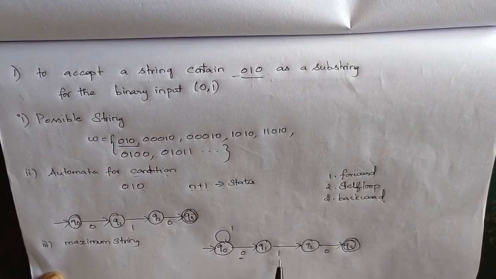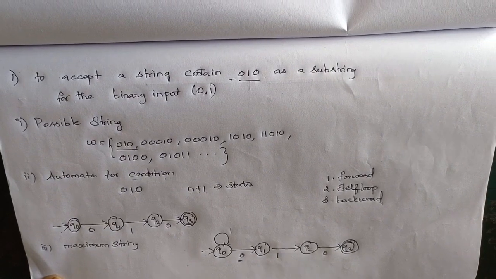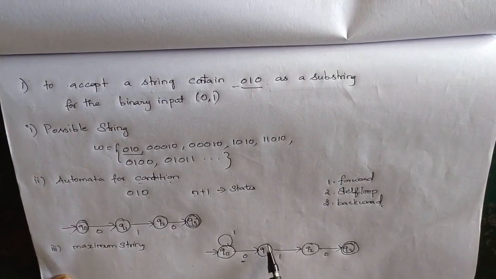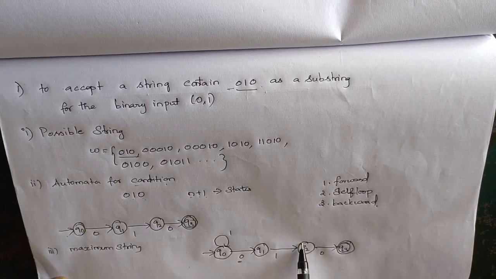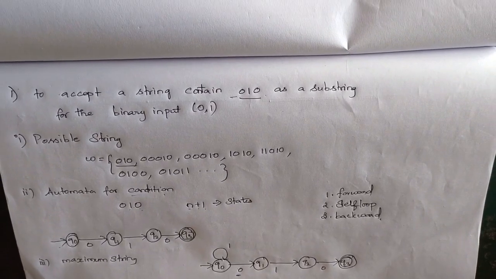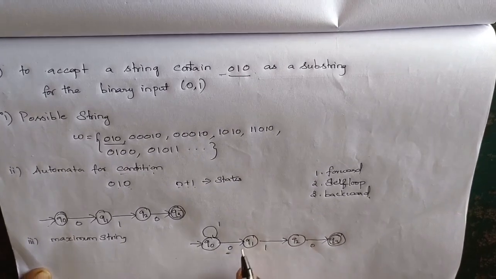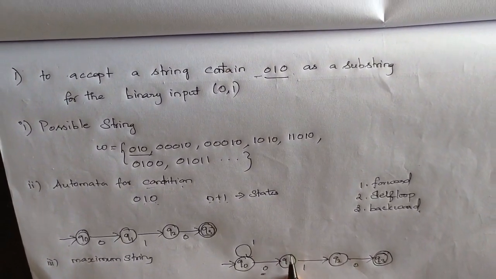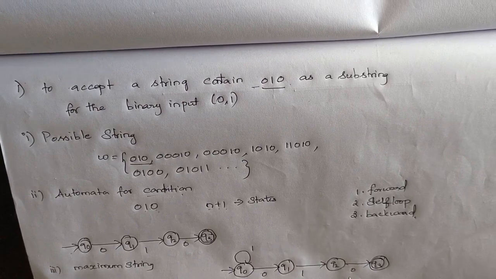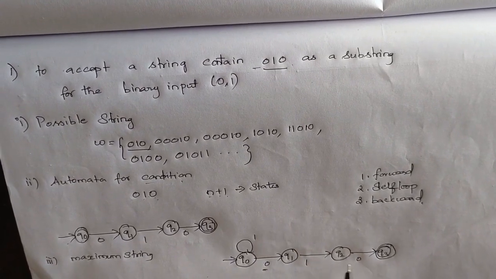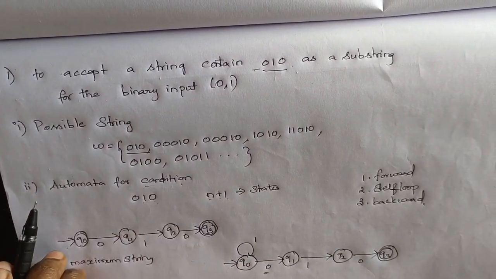Next Q1. At Q1 the input 1 is transferred, and the balance input is 0. If we give it forward to Q2, we get 0, 0, 0, so the 0, 1, 0 substring fails. If we give it to Q3, it is transferred with 0, 0, which also fails. If we use a self loop, we get 0, 1, 1, 0, so here also the substring fails.